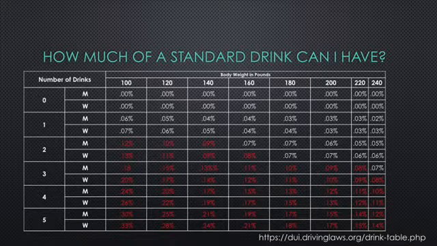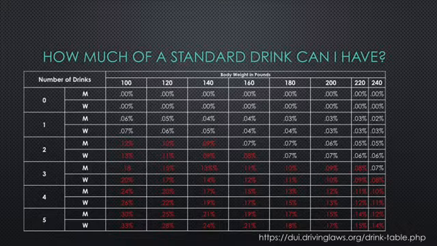So next, let's talk about, based on the standard drinks, how much alcohol can I really have? This slide shows the chart of how much alcohol you can have in regards to number of drinks versus your body weight in pounds. This could be fat, muscle, or what have you, just body weight. This doesn't take into account tolerance at all, but it shows, in the absence of tolerance, based on how much you weigh, how many drinks you can have before you hit that 0.08.